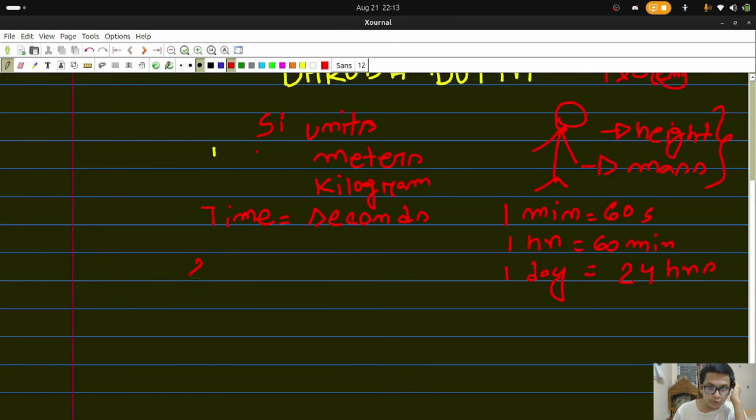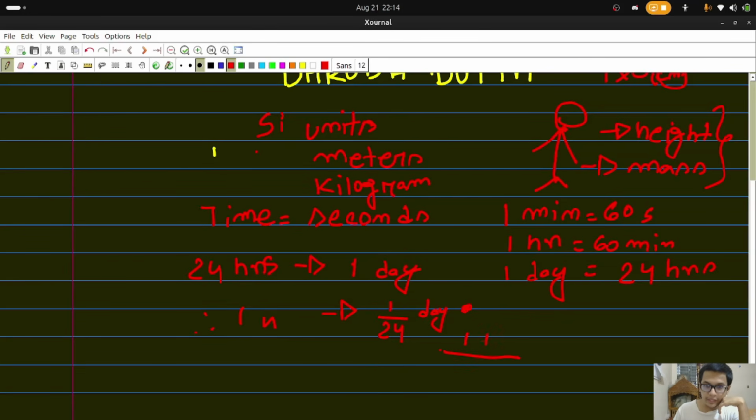Suppose we know that 24 hours is equal to 1 day, and for 1 hour, we can write that 1 hour is equal to 1/24 days. We can write that.